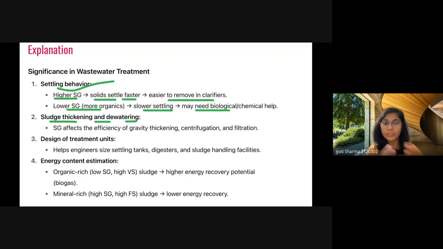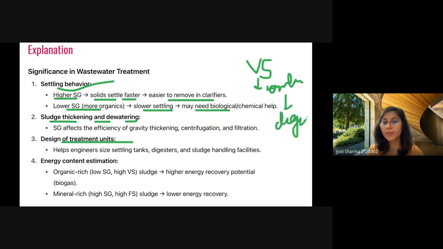Based on the density, we have to see what size we need, and whether we need a digester or not. For example, if we have more volatile solid, we can do combustion, or as I told you, we can use a digester. Based on that, we can see what kind of instruments or techniques we need to dispose of and manage the sludge.